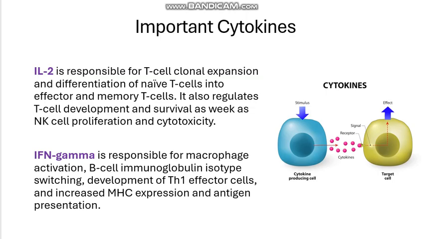A couple of examples of important cytokines that we've come across before. Interleukin-2 is responsible for T-cell clonal expansion. That's when the antigen-presenting cell presents the antigen on MHC class 1 or MHC class 2 to the naive T-cell with its T-cell receptor and either CD4 or CD8 co-receptor.